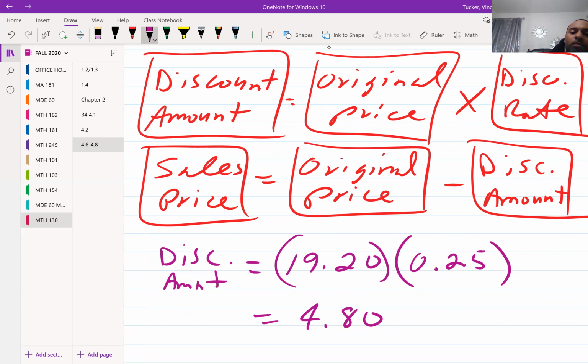Then to find the sales price, take the original price, which is $19.20, and subtract the $4.80. So that'll be $14.40.